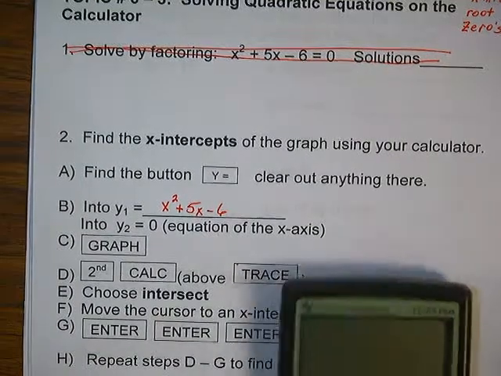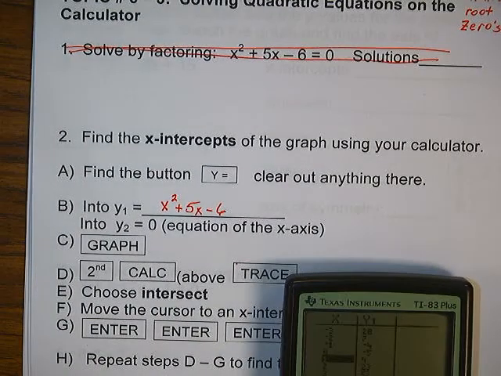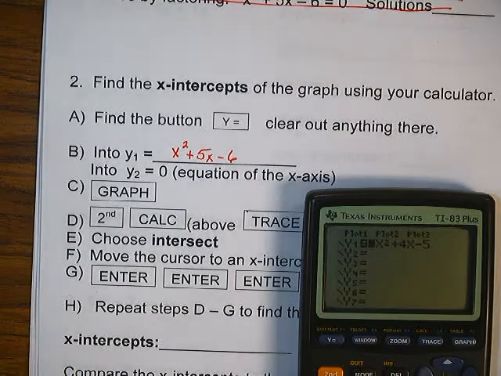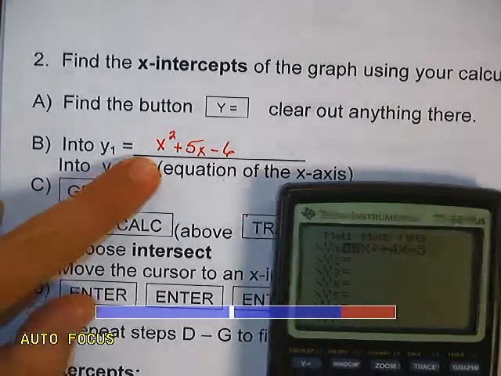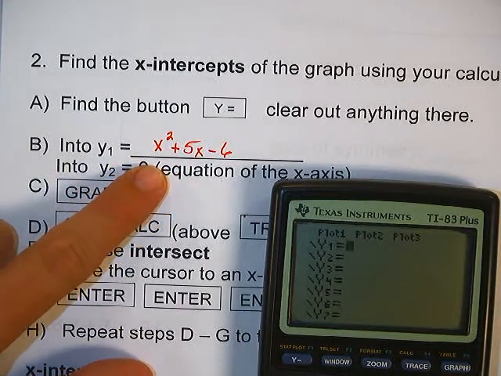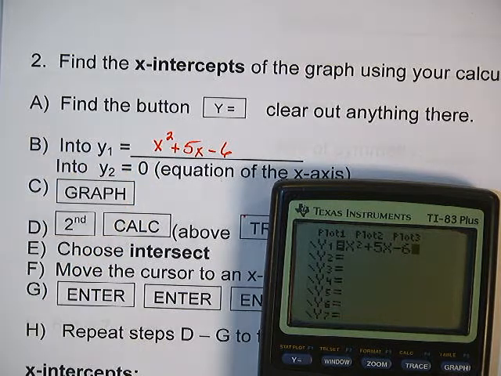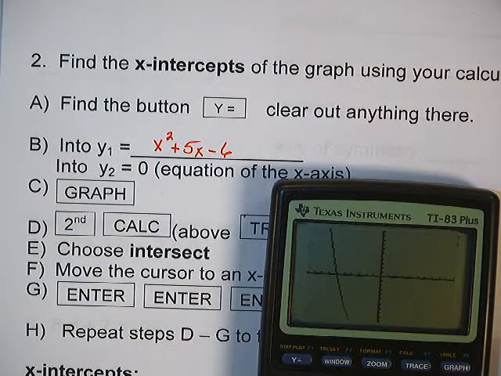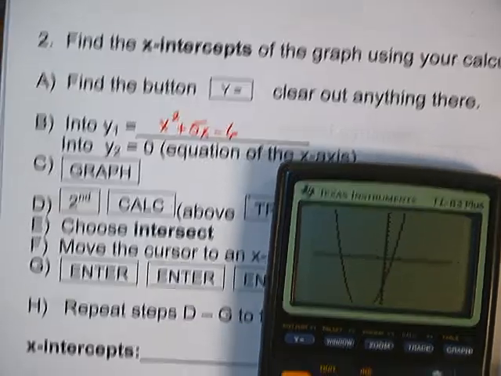But what we want to do, go to your y equals again, just like we did last class. Let's enter this equation in the first y equals. Y equals x squared plus 5x minus 6. Go ahead and hit graph.